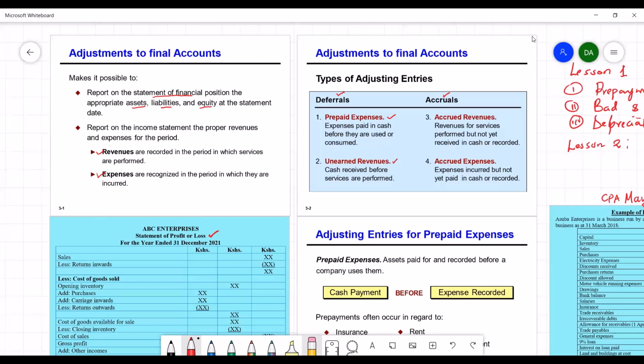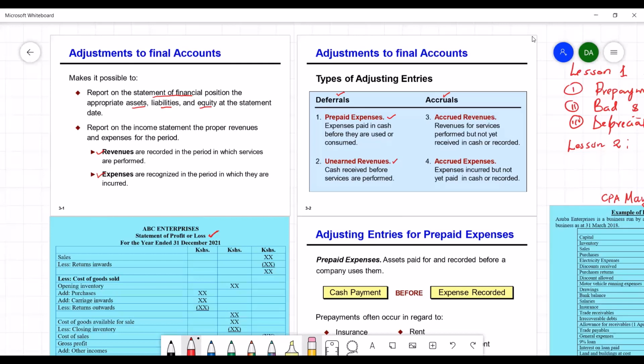And unearned revenue is cash which has been received before the organization performs in earning that particular revenue. So it is received before performance.